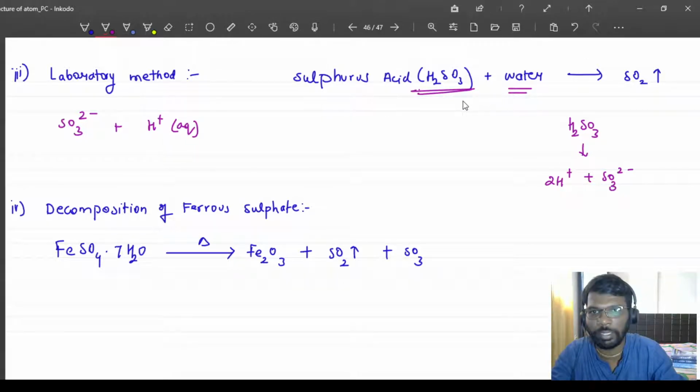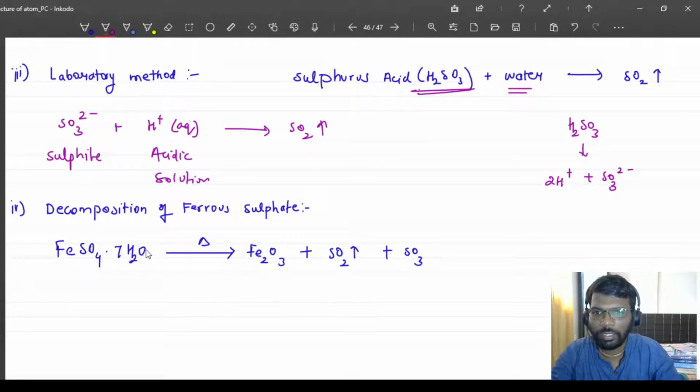This water is taken in the acidic medium, and this is what gives sulfur dioxide. I'll write this to be a sulfite, and this is an acidic solution.